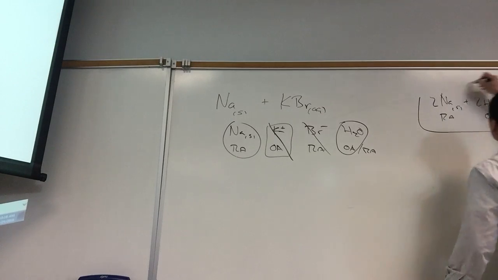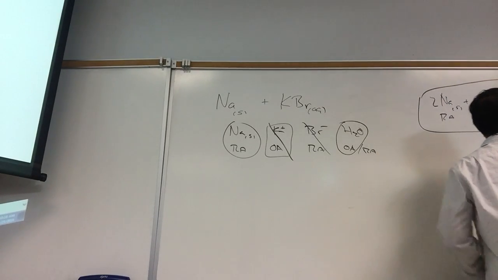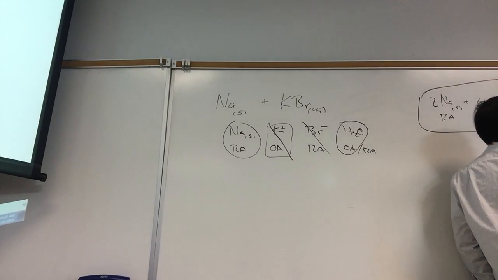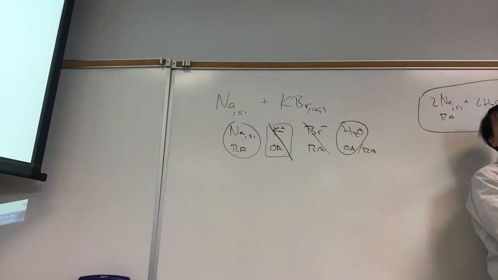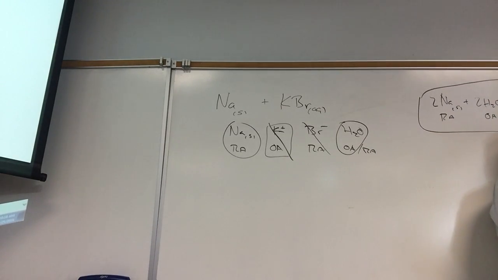How did I assign these? Is the easiest place to assign this here? How did I know hydrogen and hydroxide combined is my reducing agent? Somebody tell me that. Did I just have that memorized? Where did I get that from? Half the half reactions.